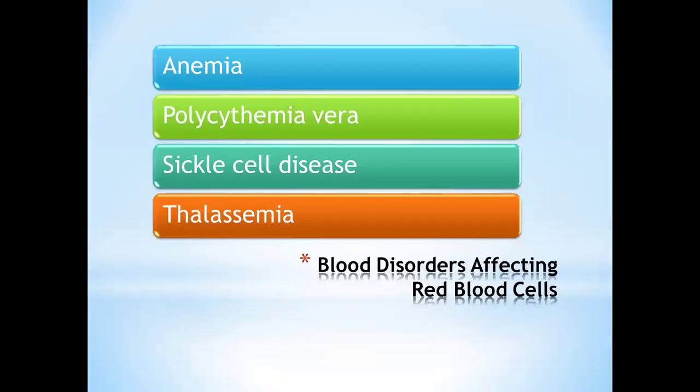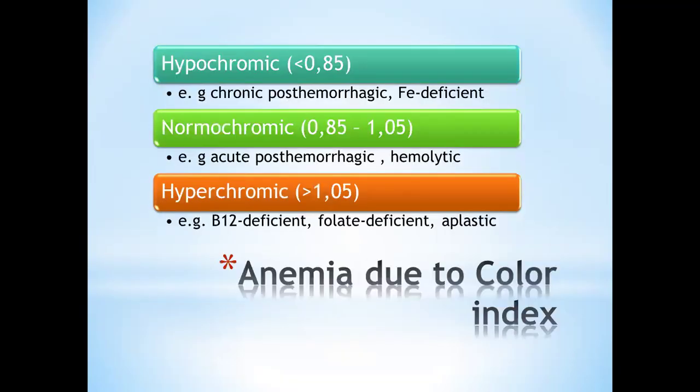Blood disorders affecting red blood cells are the following: anemia, polycythemia vera, sickle cell disease, thalassemia. Anemia is divided, due to color index, into hypochromic anemia, normochromic anemia, and hyperchromic anemia.